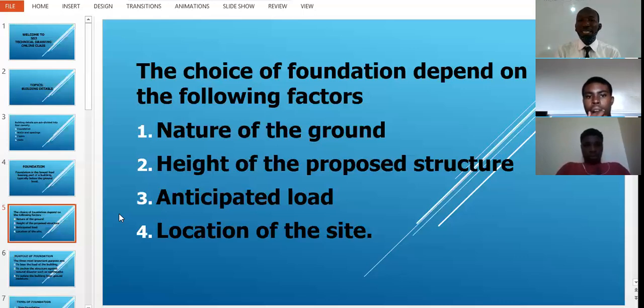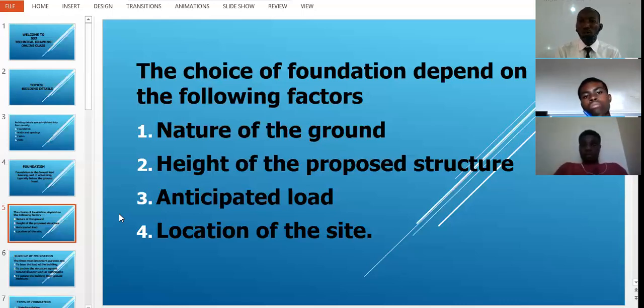Then the third one is anticipated load. What do we mean by the anticipated load? The structure you are putting in place, is it an office that a lot of people will come to occupy? Or is it just a building meant for maybe 3 or 4 people? Or is it a structure that will be used for business?